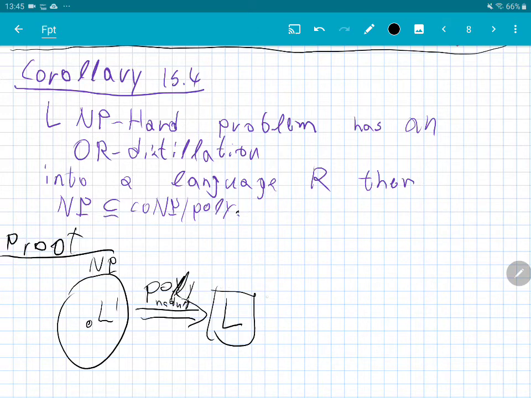Now, by the OR distillation, we know that L is in co-NP over poly. That's exactly what we proved, right? But that immediately implies that L prime is in co-NP over poly.